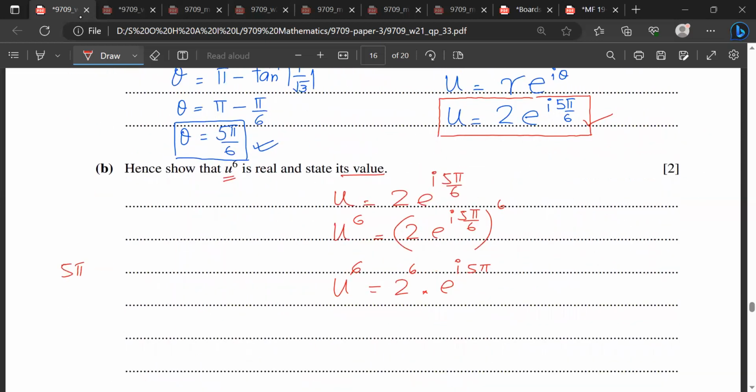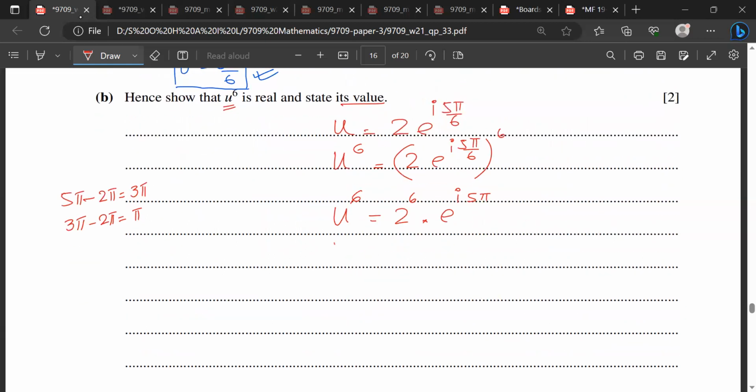If we subtract 2 pi, it is 3 pi, again not in the range. Minus 2 pi again, so pi is here. So you can write u power 6 is equal to 2 power 6, that is 64, e raised to the power iota pi.